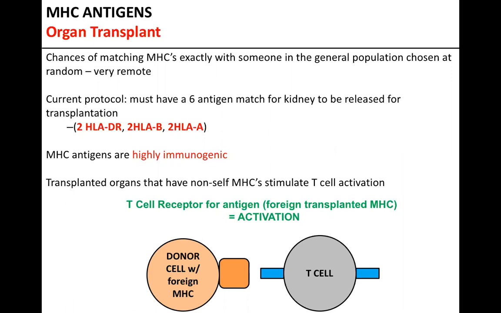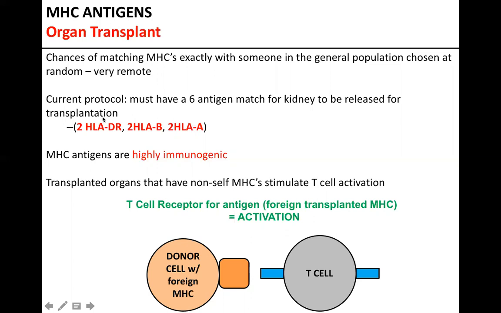Depending on the organ being transplanted, there are different protocols as far as the minimum number of matching antigens required to proceed. A kidney is a good example. Current protocols require a match of 6 MHC antigens you see here. It doesn't have to be all of them because that's virtually impossible.